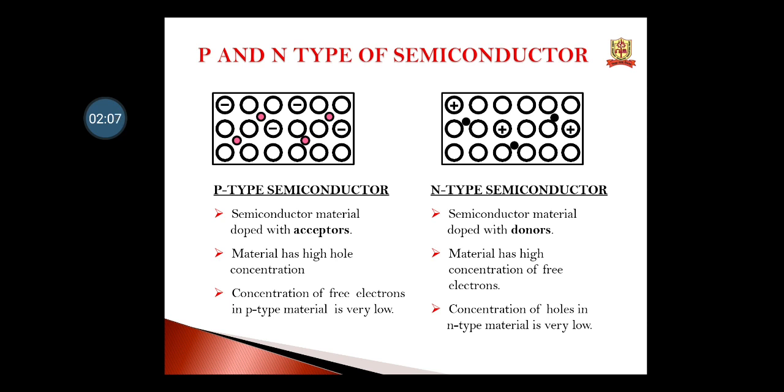And in n type semiconductors, the valence electrons of the impurities are basically 5, so that means it is adding electrons. Such semiconductors are called n type semiconductors. In n type semiconductors, electrons are the majority carriers and holes are the minority carriers.